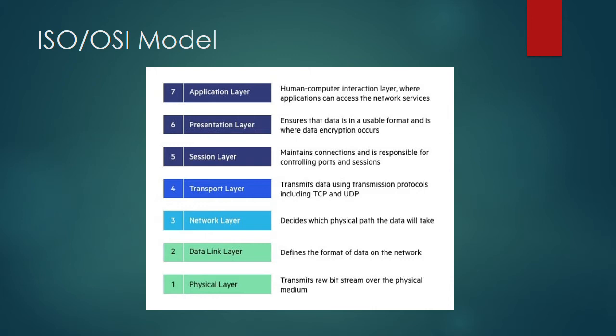And the final layer, the application layer, is where the graphical user interface is. It provides the services for user application processes, and also file transfer methods, remote terminal access, messaging, remote job entry, and security.